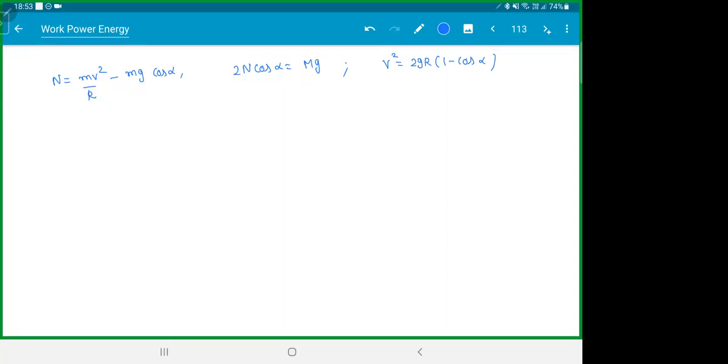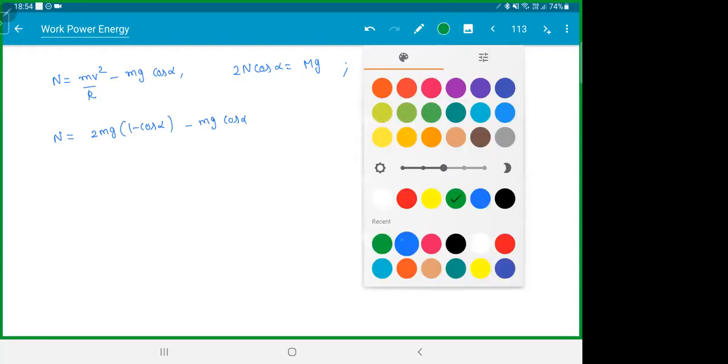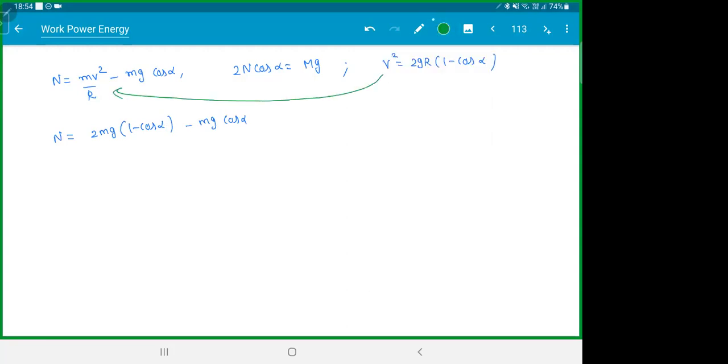So plugging in mv square by r, N will be 2mg(1 minus cos alpha) minus mg cos alpha, and that is mg(2 minus 3 cos alpha).